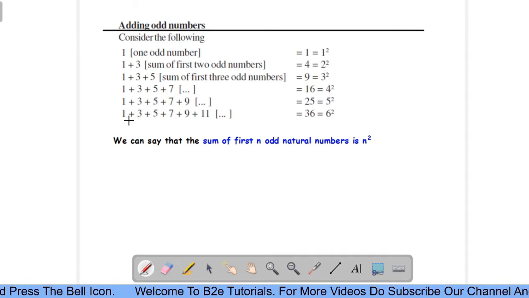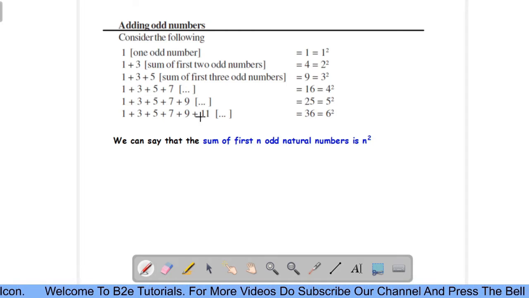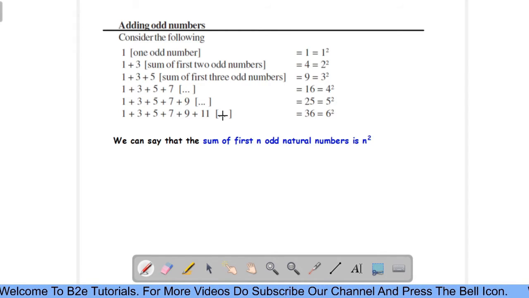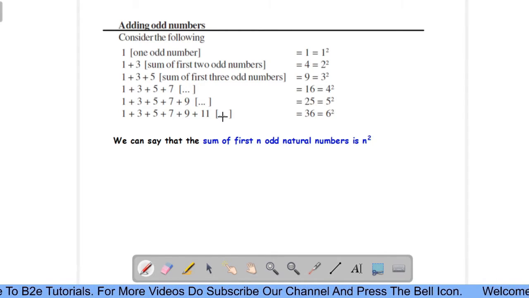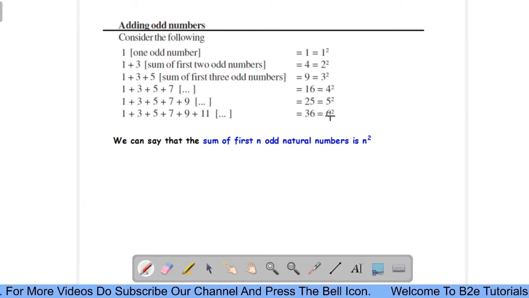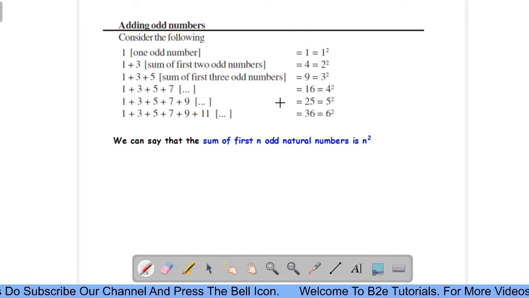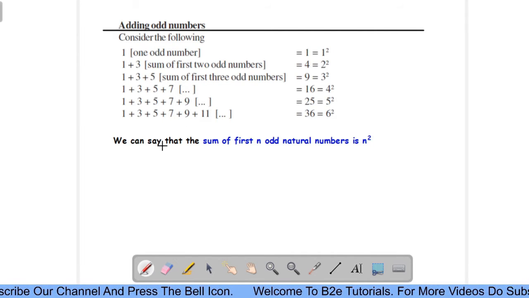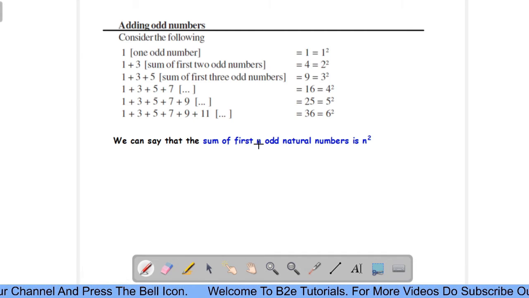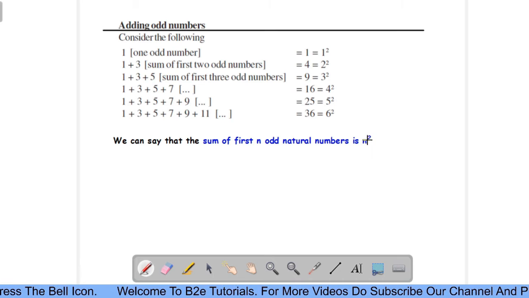Now 1 plus 3 plus 5 plus 7 plus 9 plus 11, the sum of the first six odd numbers, is 36. It can be written as 6 square. What we conclude from this is that the sum of the first n odd natural numbers is n square.